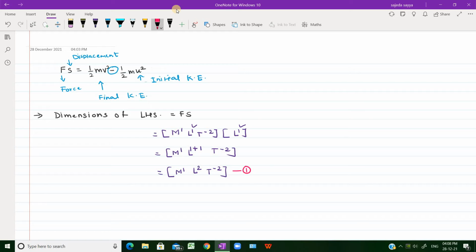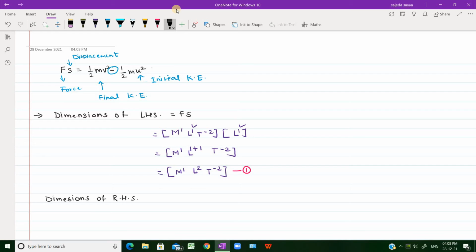Now let us do the calculation of dimensions of RHS. RHS contains subtraction of two kinetic energies.